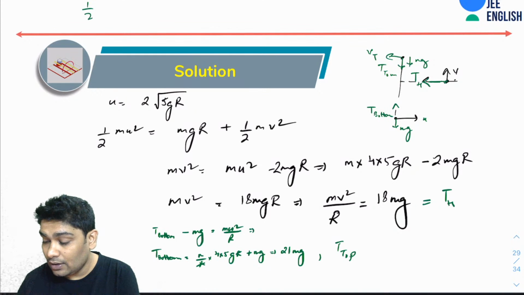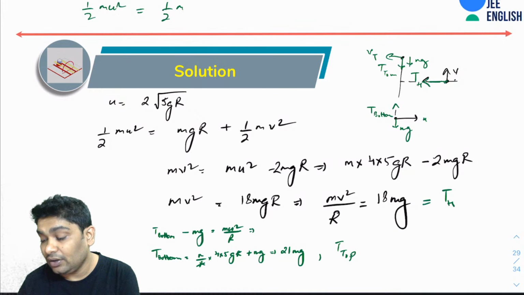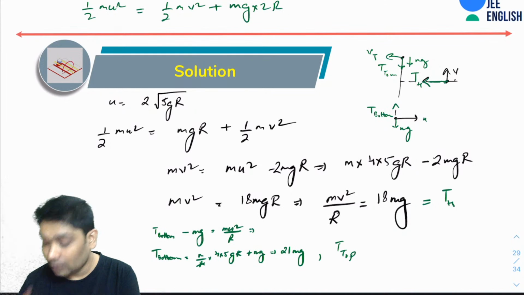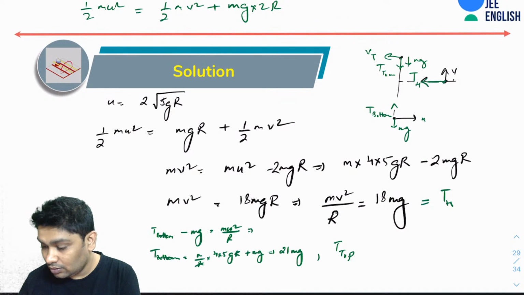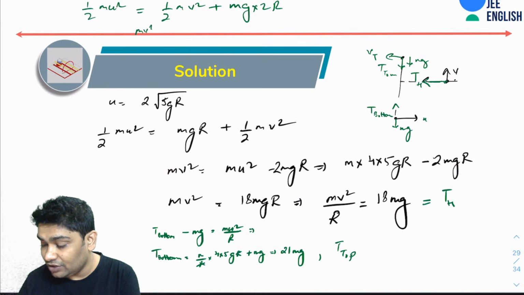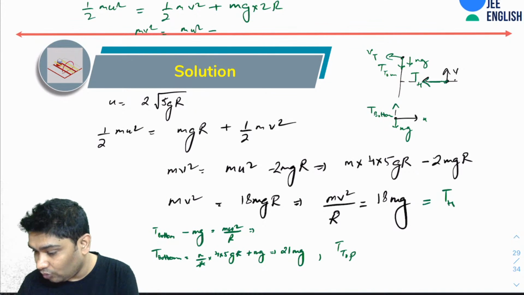Half mu square should be equal to half mv square plus mg into 2r. So that will make mv square equals mu square minus 4 mgr.